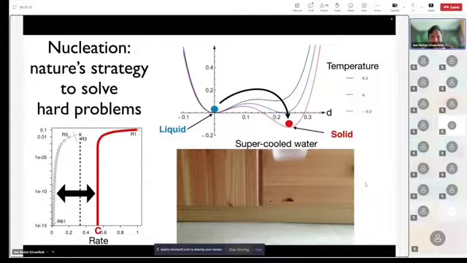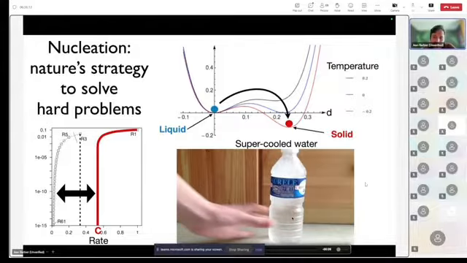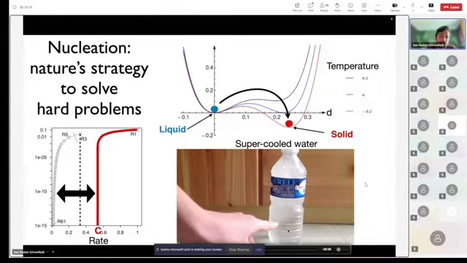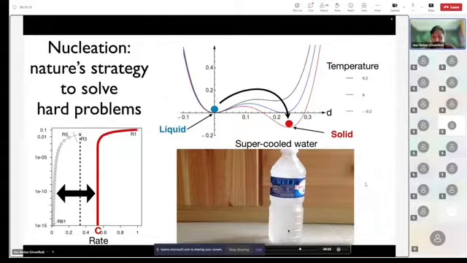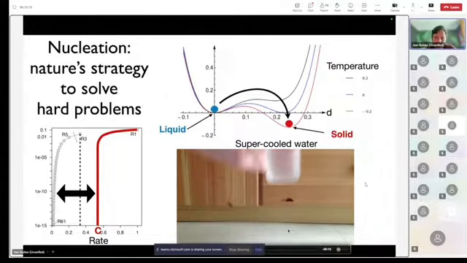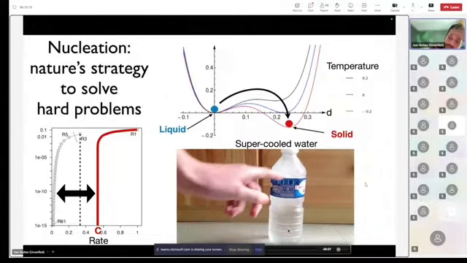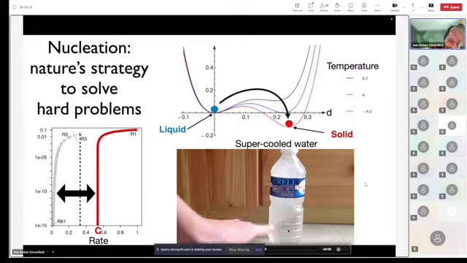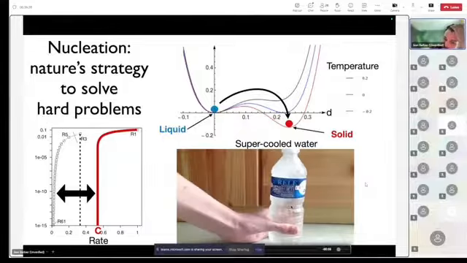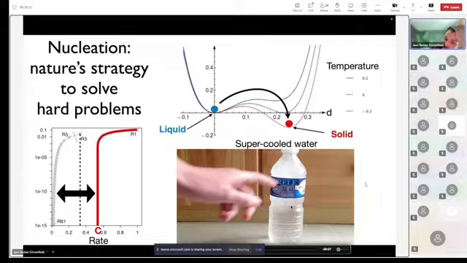If I click, you see this is liquid water, which was actually below 0 degrees Celsius, much below. Let's say at minus 30 degrees Celsius, you put it in the fridge for a long time. And if the water is sufficiently pure, what you would realize, quite amazingly, is that it will remain liquid in the fridge, even if it's below 0.